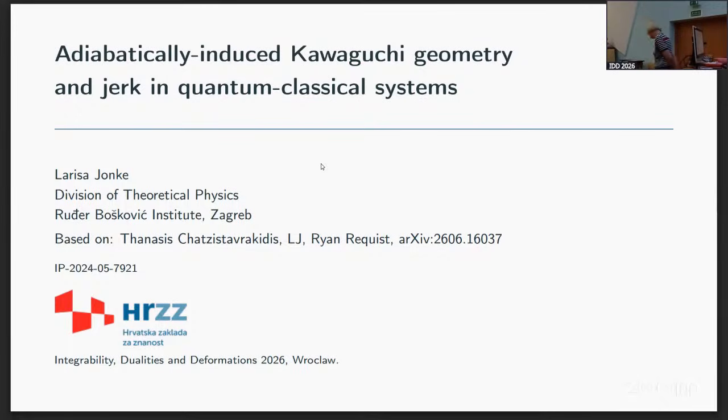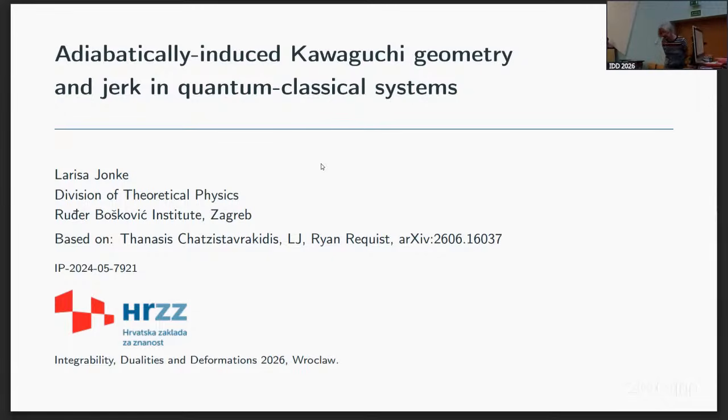Roughly, what we want to do is start with some quantum classical system, think molecular dynamics, Ehrenfest dynamics. So I have classical nuclei and then the dynamics of the quantum electrons. What we want to do is integrate out the electronic quantum degrees of freedom to obtain an effective action and equation of motion for the classical motion of the nuclei, using the adiabatic approximation.